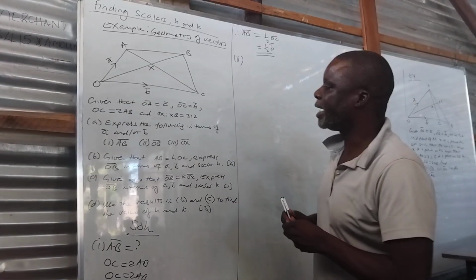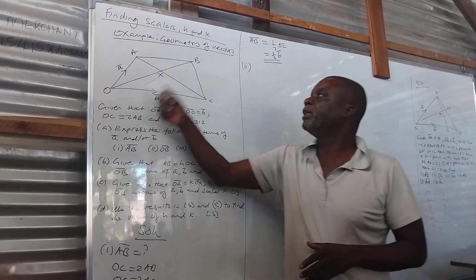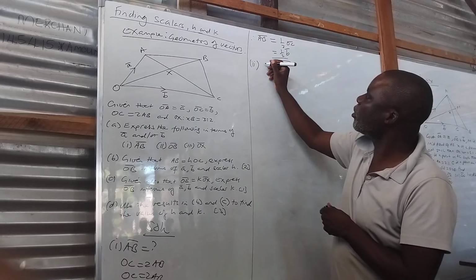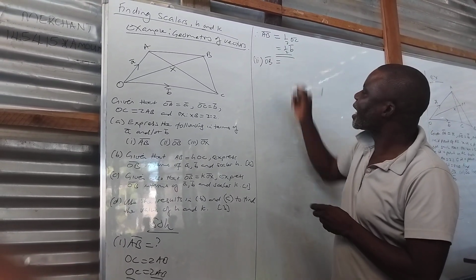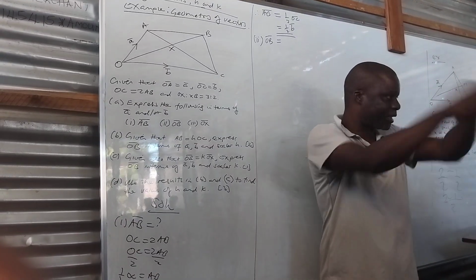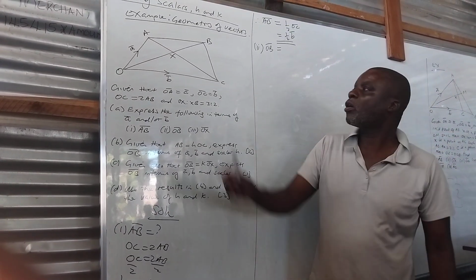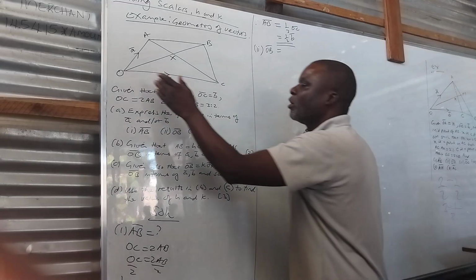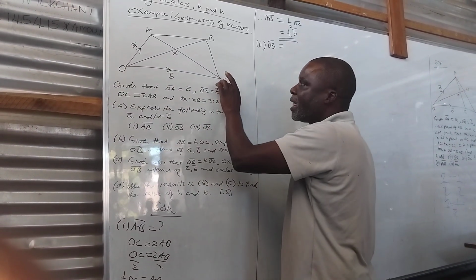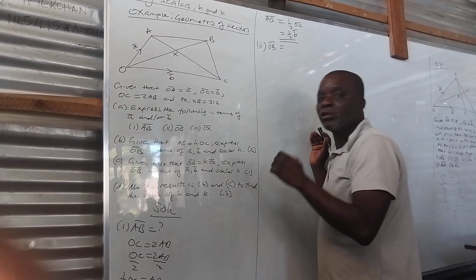Then item 2, OB, from O to B. We can use the previous answer for this.